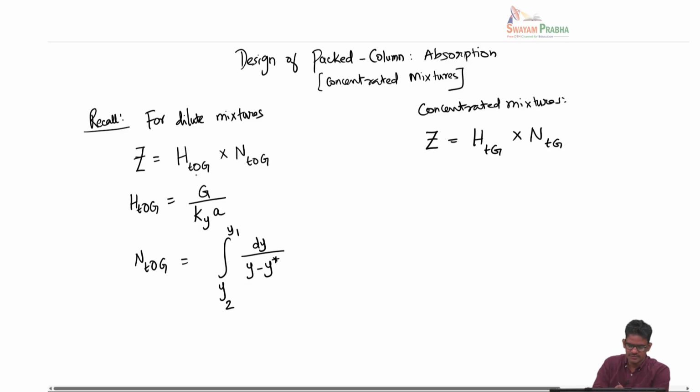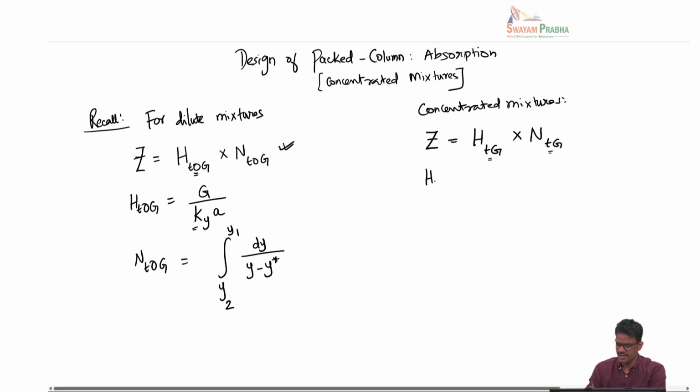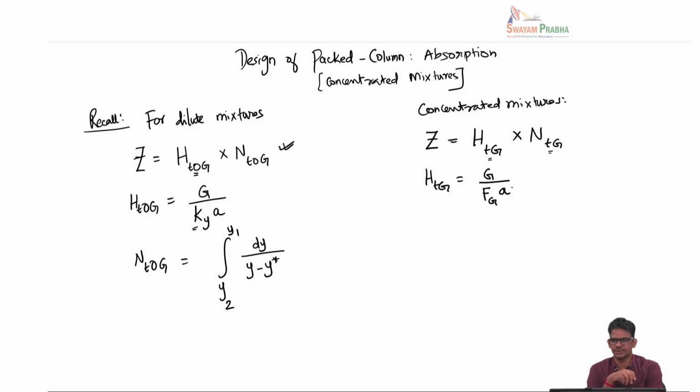You can see this letter O is missing here. That is because in this problem we used the overall mass transfer coefficient, whereas in the concentrated mixture we are going to use the local mass transfer coefficient, meaning this HTG will be defined as G by FGa, where FG is the local gas phase mass transfer coefficient.